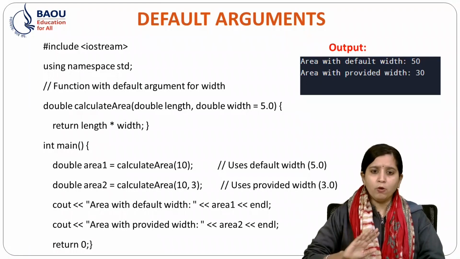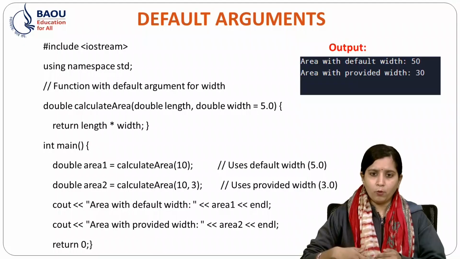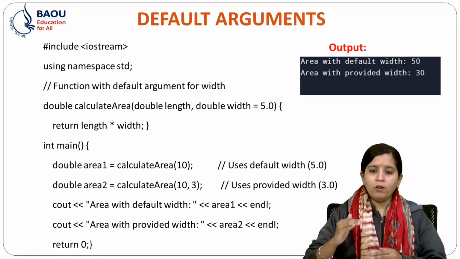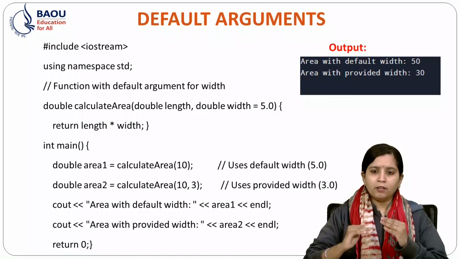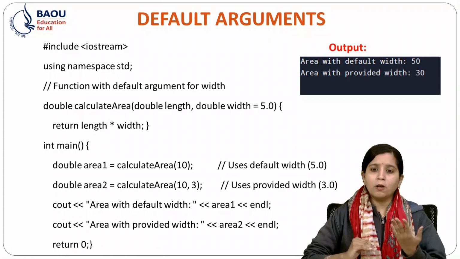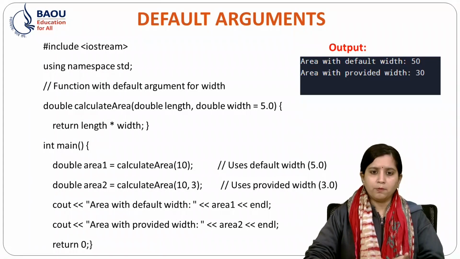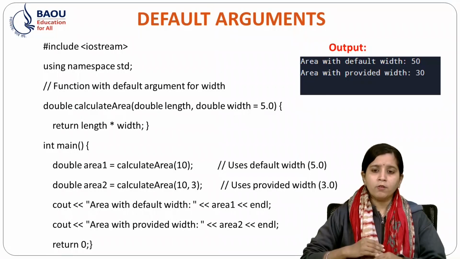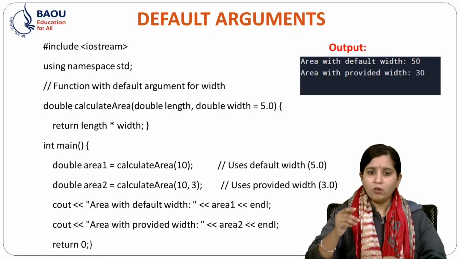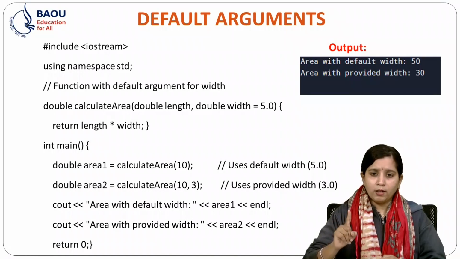And now I hope you get the difference between the default value and the user provided values. Now I hope you remember the concept of function overloading over here also, because the first function and the second function have two arguments.